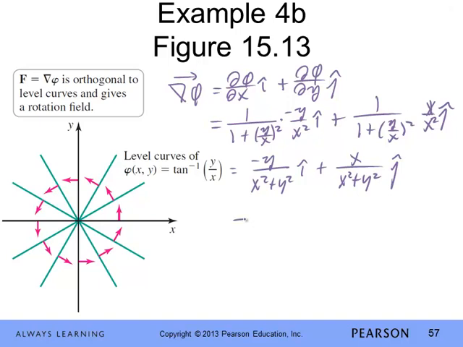So in other words, we have negative y comma x, over x squared plus y squared. Because of that negative y comma x, we know that that's going to be a rotational field.